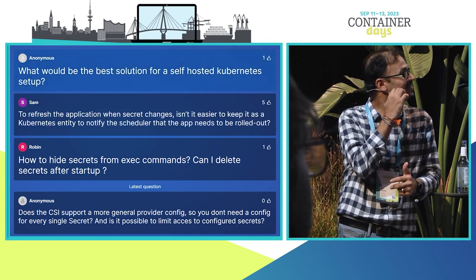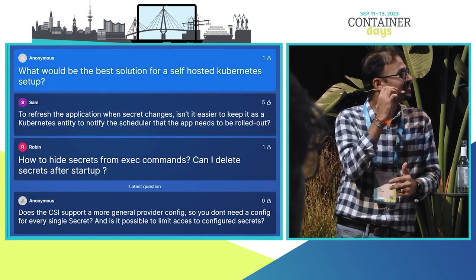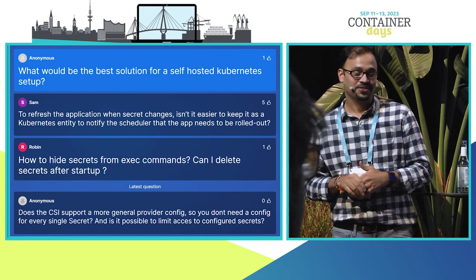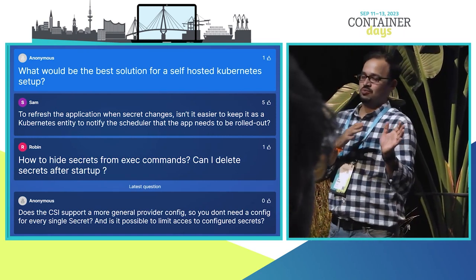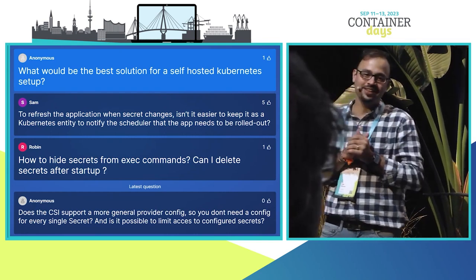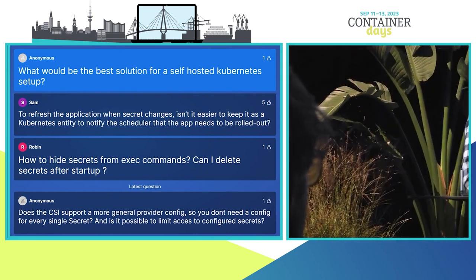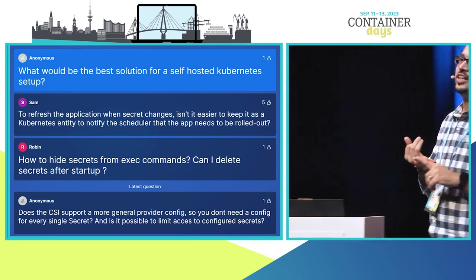What would be the best solution for a self-hosted Kubernetes setup? I mean, what you actually saw was a self-hosted setup per se. Yes, it was running in AWS, but it was not an EKS cluster.